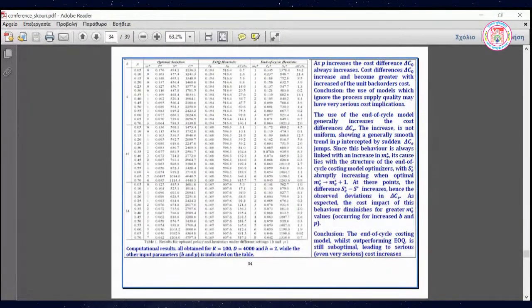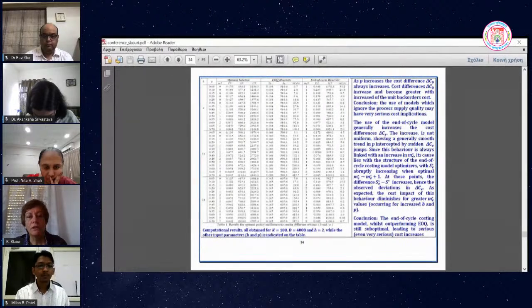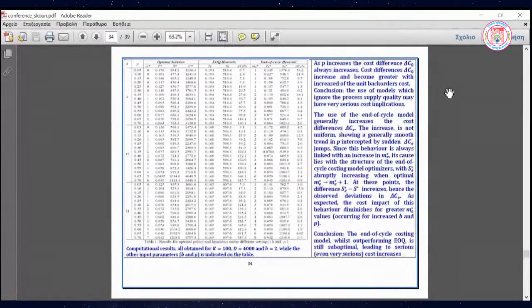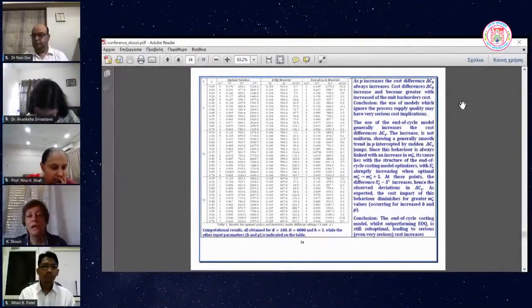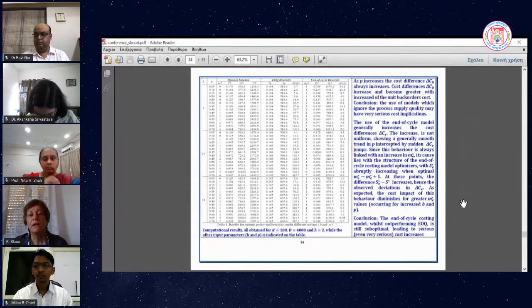More interesting are the results of using the approximate end of cycle cost model for determining the policy parameters. We can see that the use of end of cycle cost generally increases the cost differences. However, the increase is not uniform, and this is due to this jump.